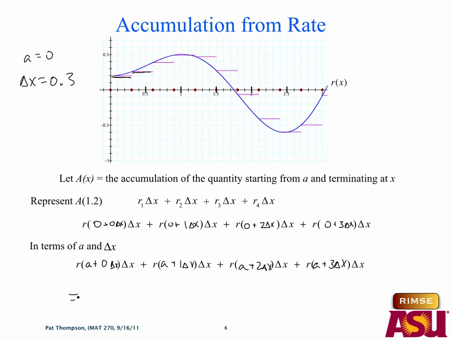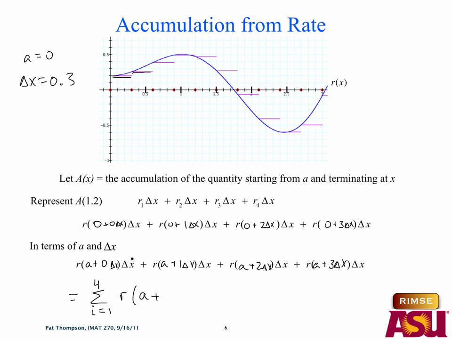So this is adding up how many terms? 4 terms, right? So from 1 to 4, and each term is R of A plus, now here's the thing, i is 1, right? But the 0, the 1, the 2, the 3, those are the things that are incrementing.